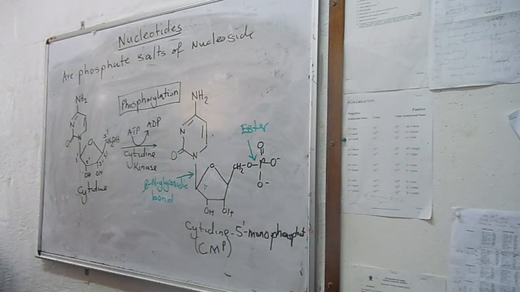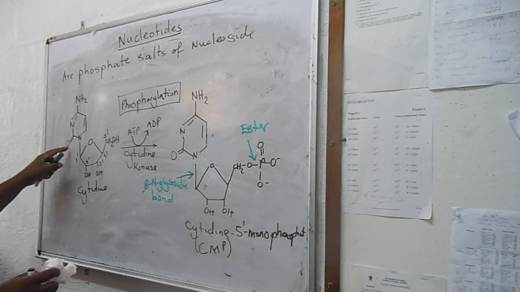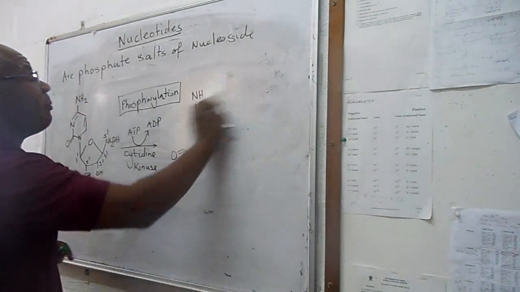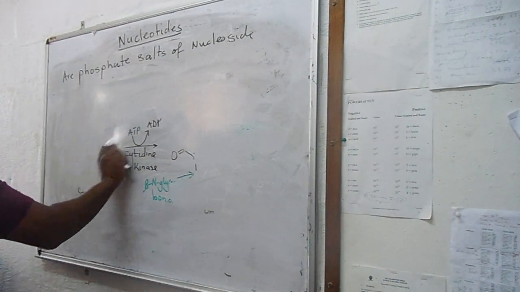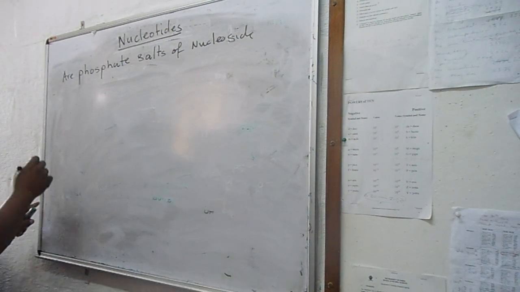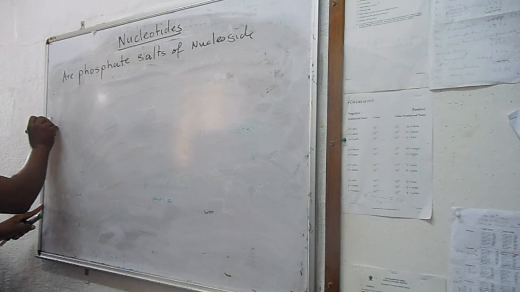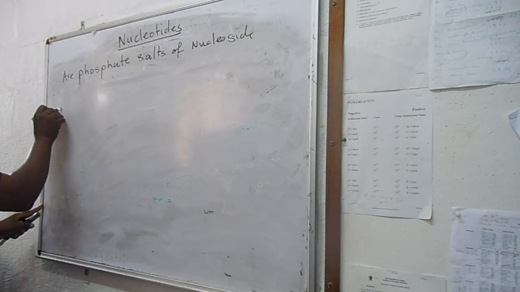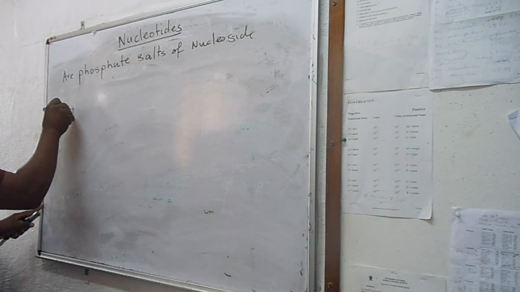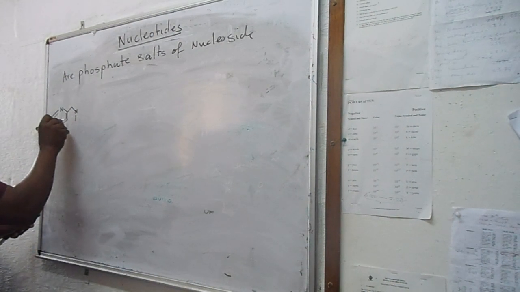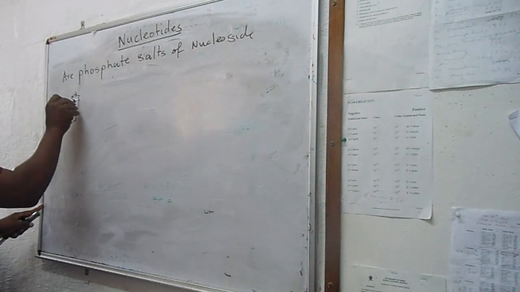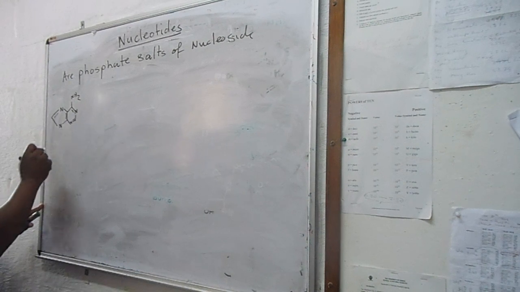Let me also give an example from a purine. This is a pyrimidine. Let me give an example from a purine. I'll use the example of adenine. This is my adenine.